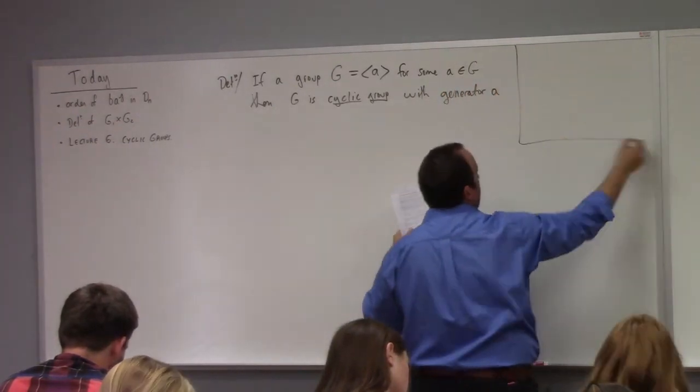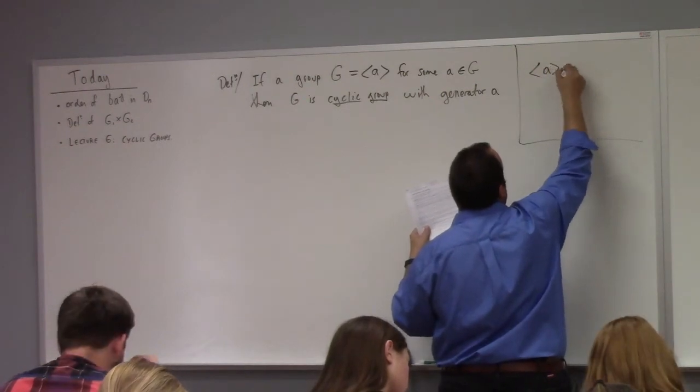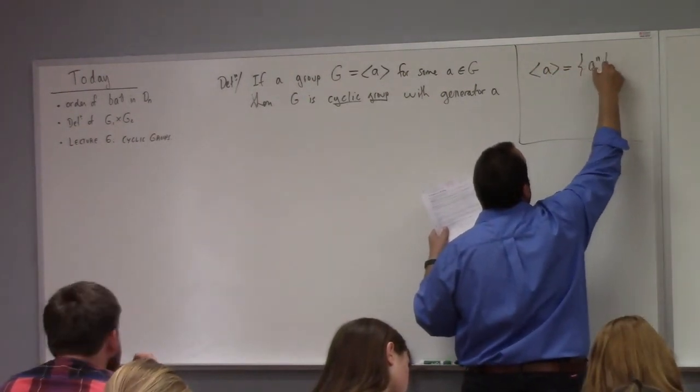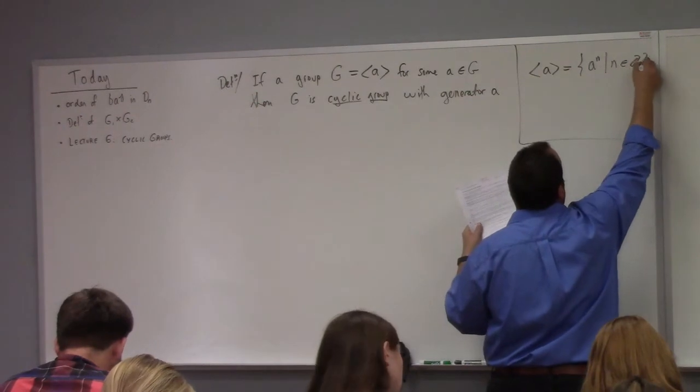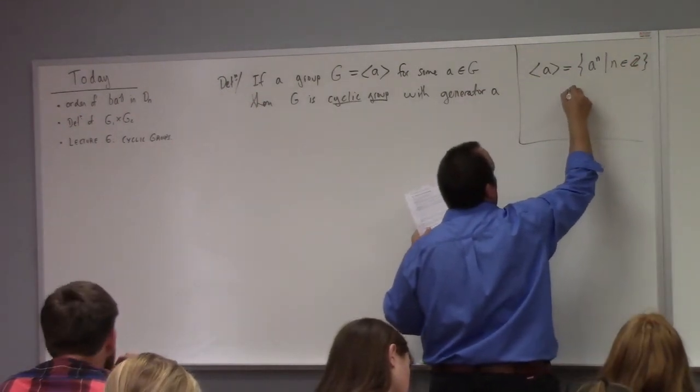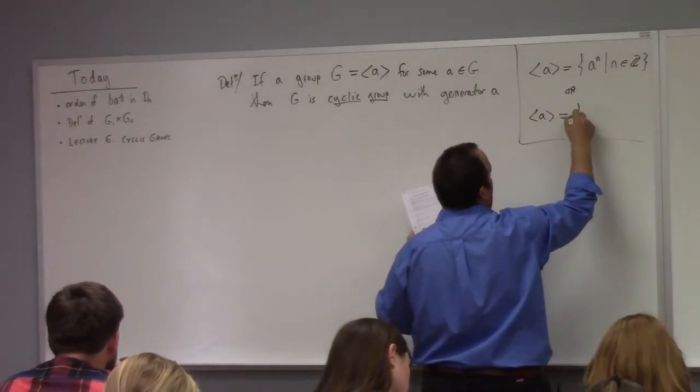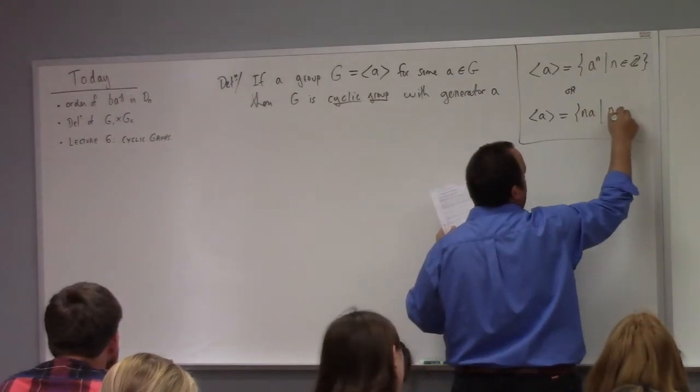I will remind you that this either means a to the n such that n is in Z, or this means na such that n is in Z, depending on what.